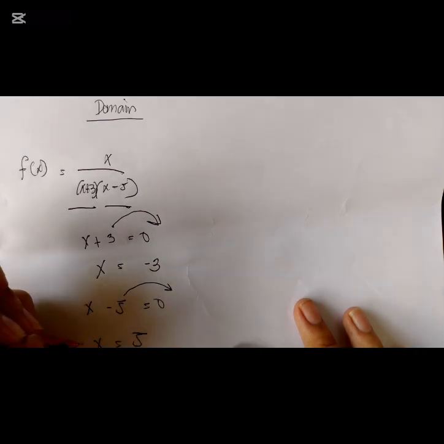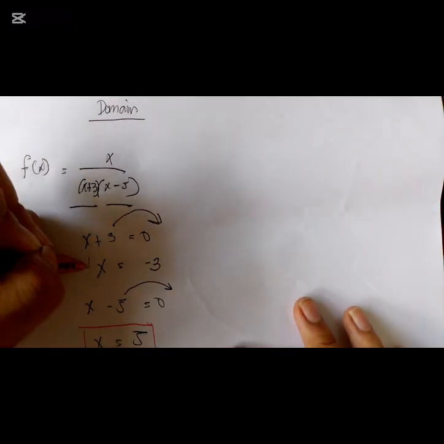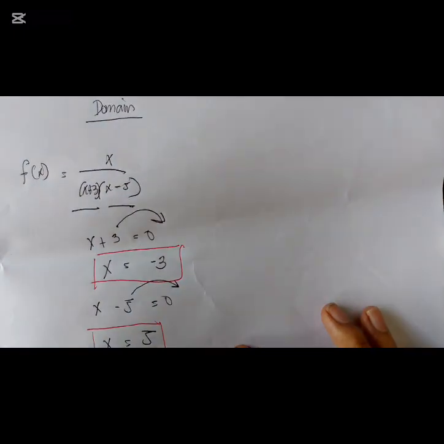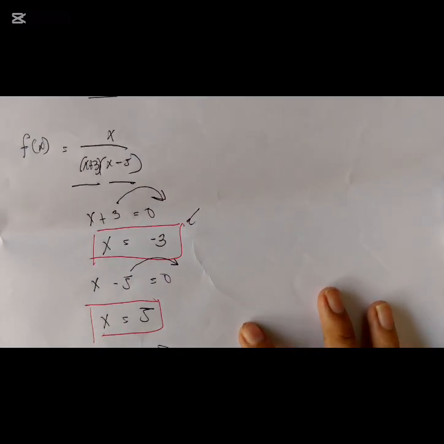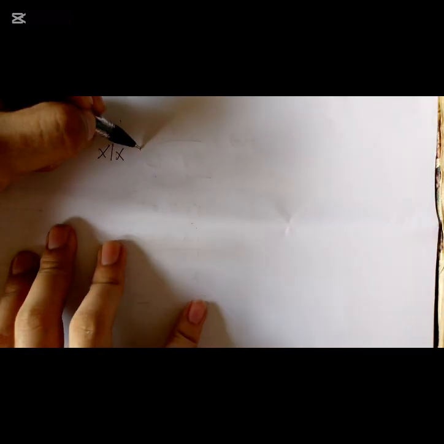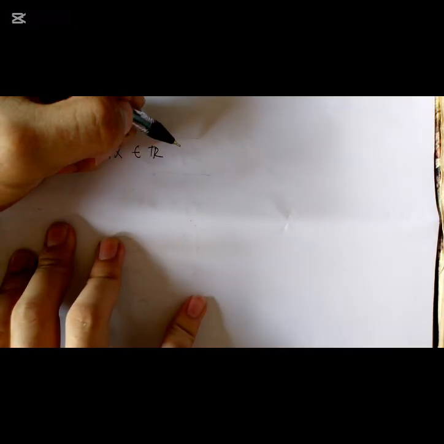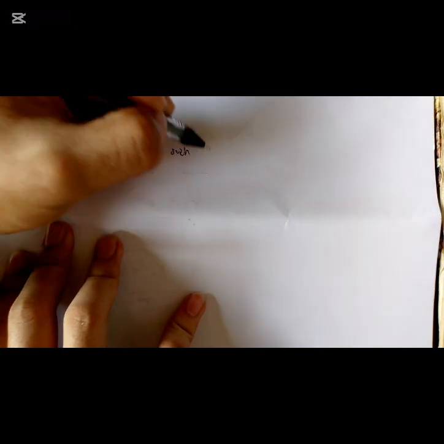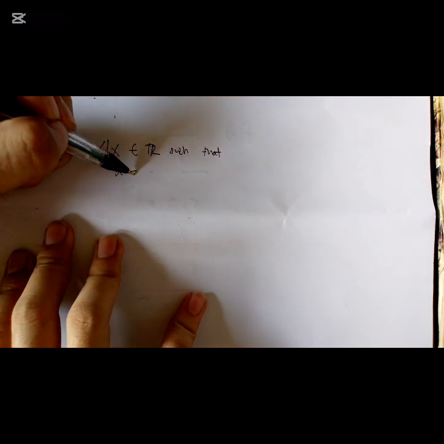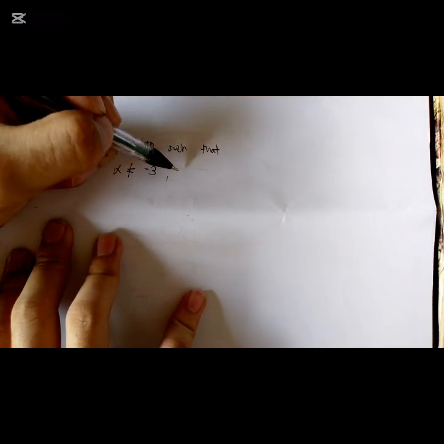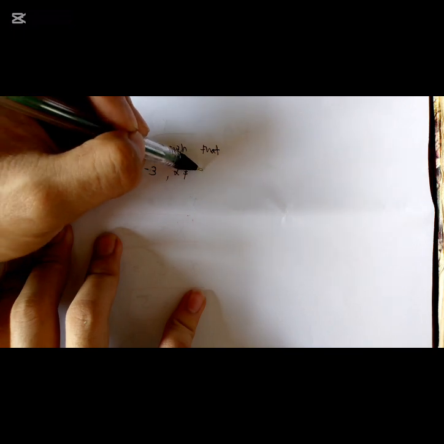So here are the excluded values: x equals negative 3 and x equals 5. Our domain is x such that x is an element of the real numbers, such that x is not equal to negative 3 and x is not equal to 5.